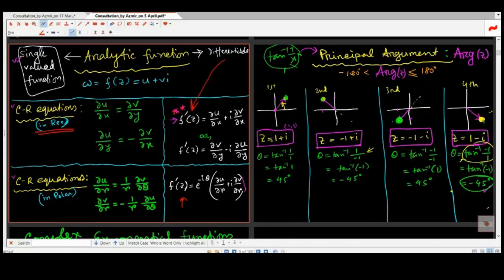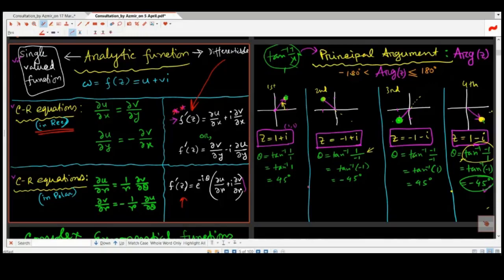So for example, I have mentioned here 4 examples. We need to find the principal argument of these 4 examples. So we have z equals 1 plus i as the first complex number, minus 1 plus i as the second, minus 1 minus i as the third, and 1 minus i as the fourth.